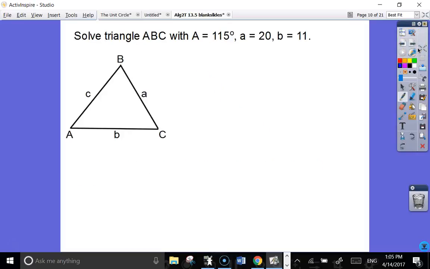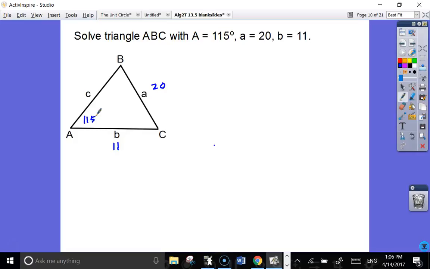Okay, so solve this triangle. A is 115, so let me mark that. Little a is 20, and b is 11. So that's a side, and an angle. Okay, now when we solve, like I said, we don't know what we're going for here.